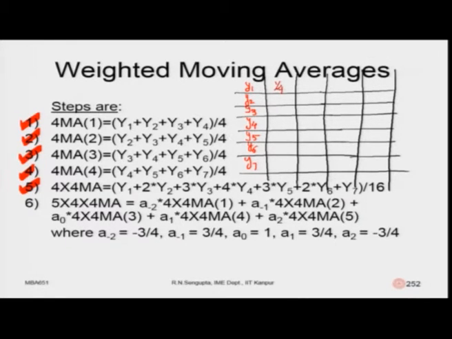So, if it is 3, it will be 1/3, if it is 6, it will be 1/6. Second one with 1/4, third one with 1/4, fourth with 1/4. So, addition of all the weights is 1.